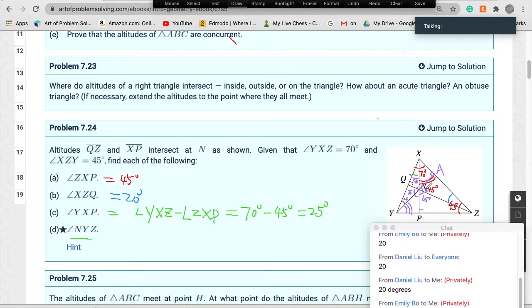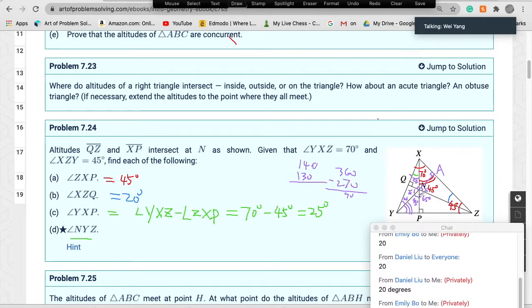70 plus 70 is 140, right? This 65 plus 65 is 130. Add them together, you get 270. Subtract from 360, this will give you 90. 90 divided by 2, this angle equals 45 degrees. So that means Z, N, Y, oh, they ask you N, Y, Z. They ask you this angle.